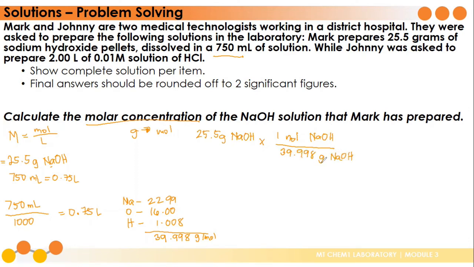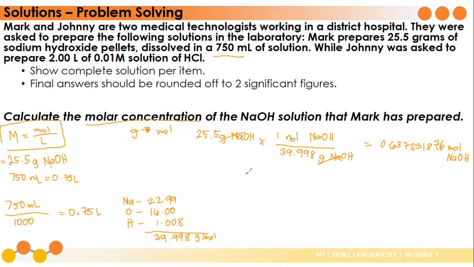Then you simply cancel out the same units, and then you will be getting the answer of 0.637531876 moles of NaOH.